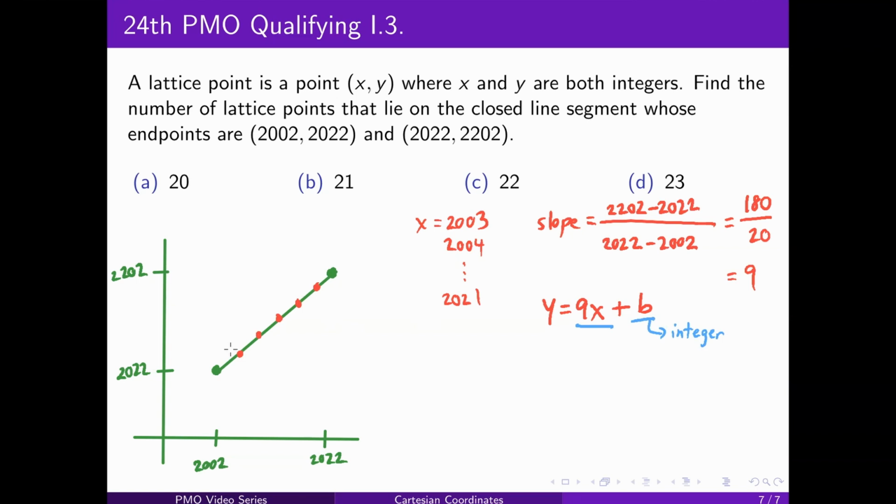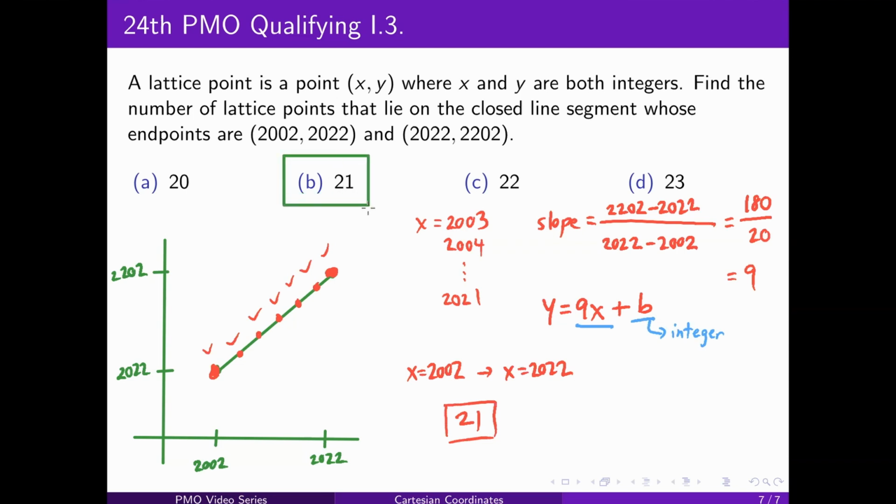And since we're asked about the closed line segment, we have to include the endpoints. So all in all, we just have to count how many points there are, going from x equals 2002 to x equals 2022. There's 1 point for each integer, and so if you count, that gives you 21 integers. So the answer is letter B, 21.